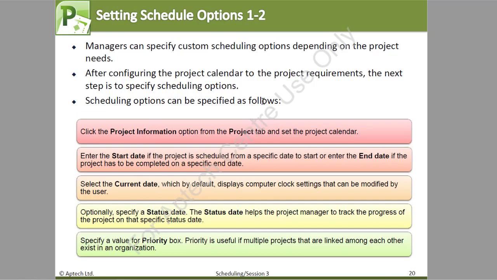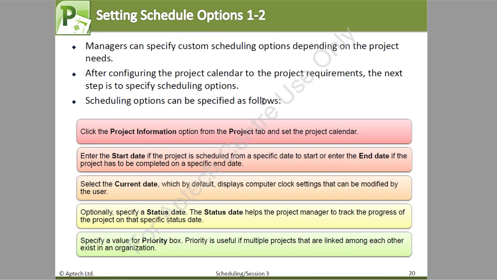You enter the start date of the project if the project is scheduled from a specific date to start, or basically you enter the end date if the project has to be completed on a specific end date. Select the current date, which by default displays the computer clock setting that can be modified by the user.